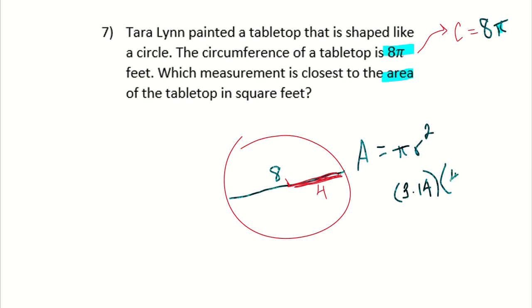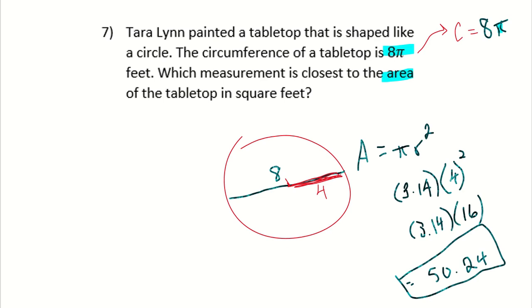So put 4 squared, and keep the 3.14. 4 squared is 16. 16 times 3.14 is 50.24. What's our units here? Okay, we don't have units. Okay, there you go.